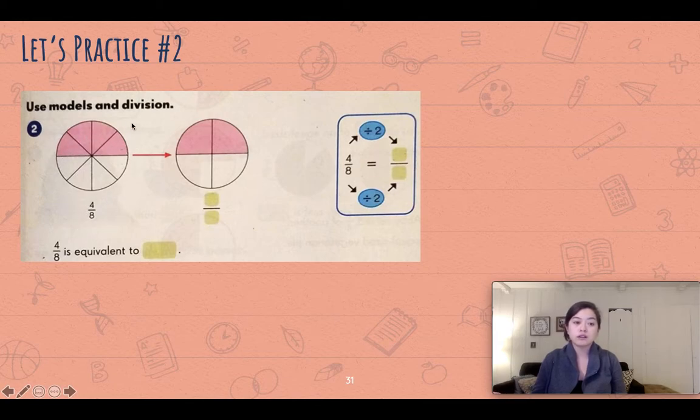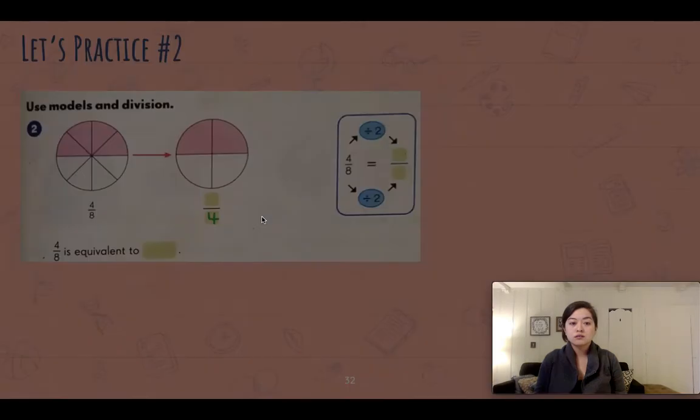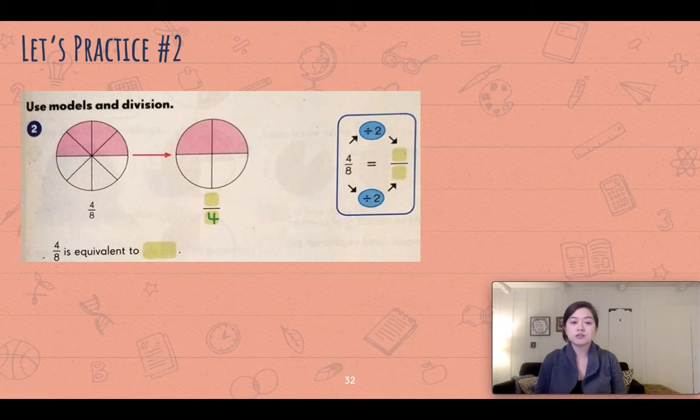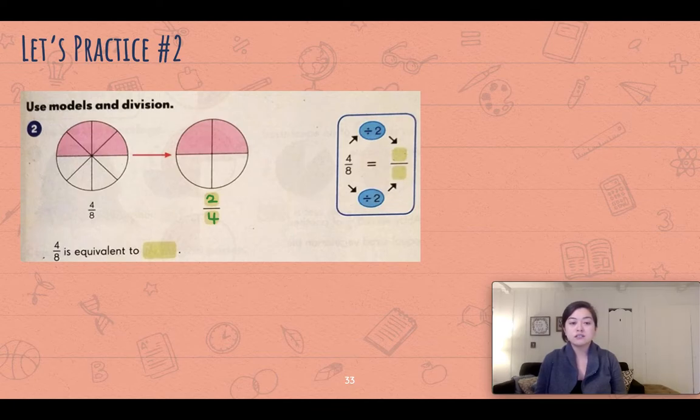So the fraction of the shaded part is 4/8. In this model, there's 2 parts shaded and 4 parts in the total. So the fraction is 2/4.